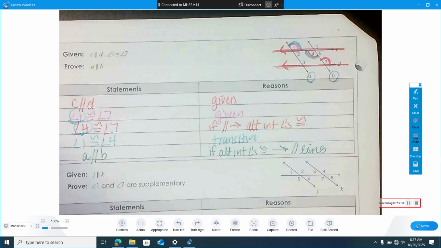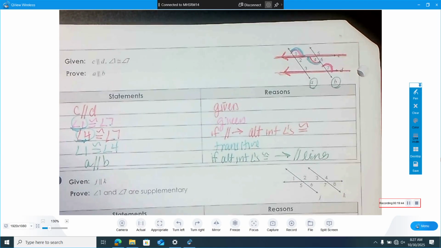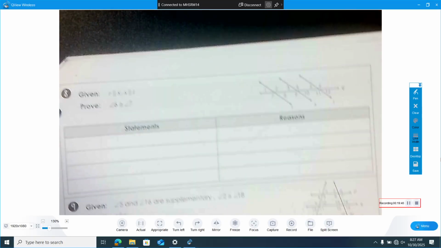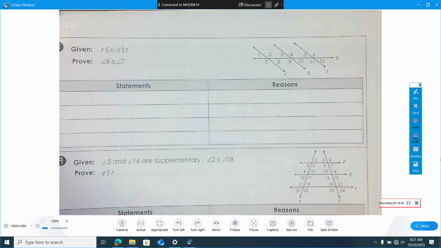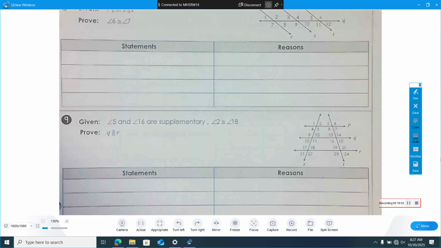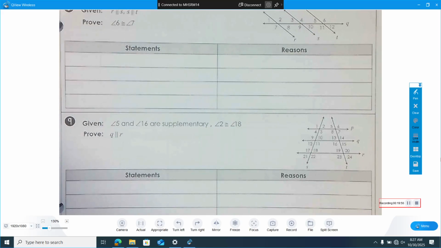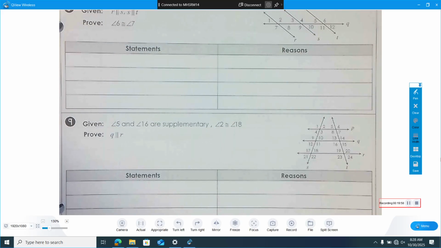Let's turn over. Let's look at 9 and 10.